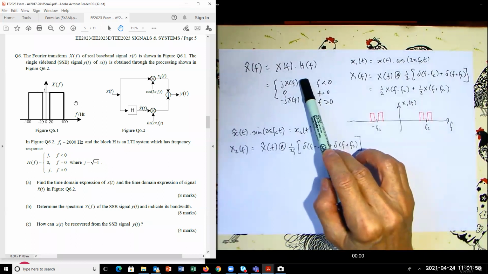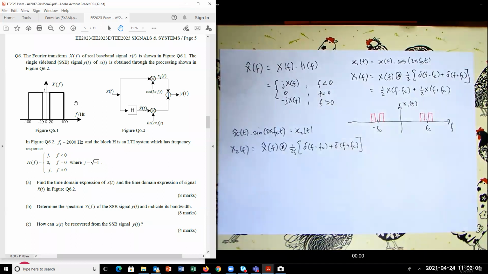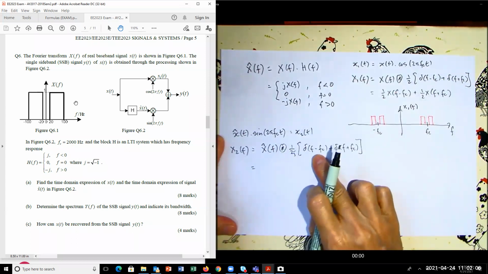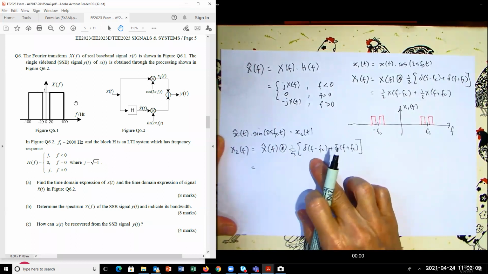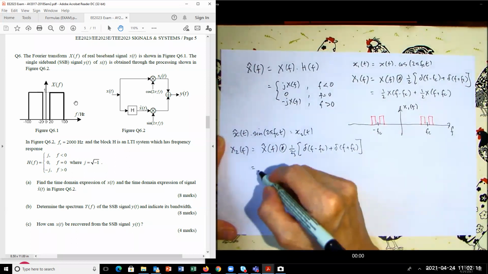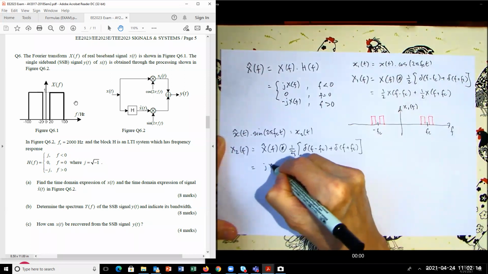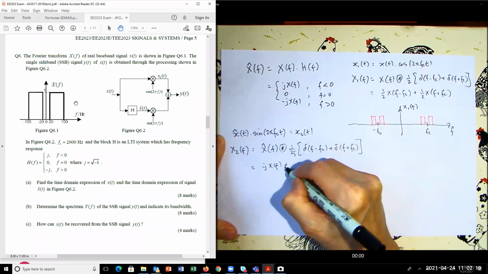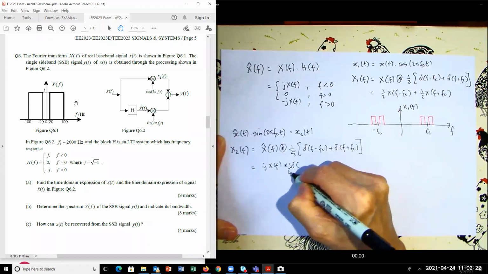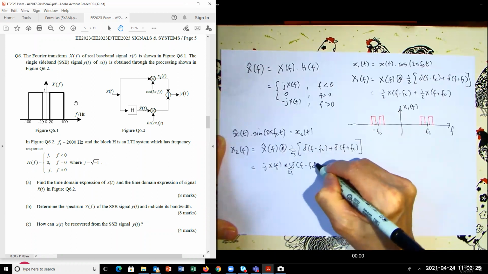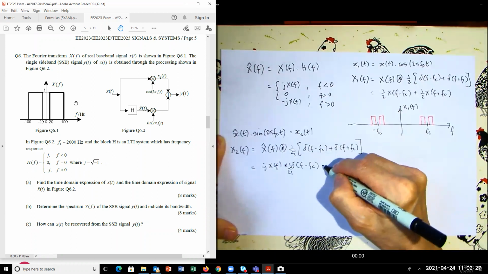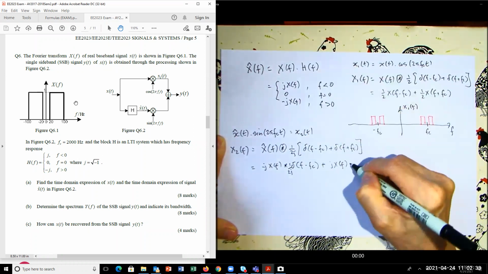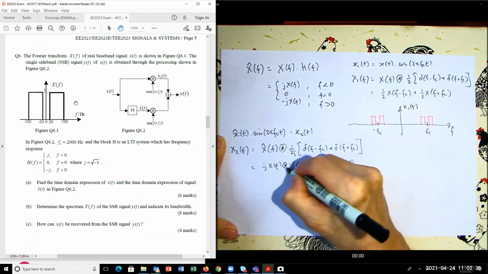That's what we know. If we do that, the j and j will cancel. Let's do the plus part first. The plus part will be minus jX(f), my apologies, because this is plus, convolved with 1 over 2j delta(f minus fc). Then the negative fc part will be jX(f) convolved with delta(f plus fc).